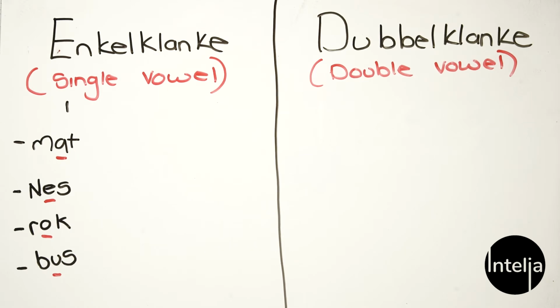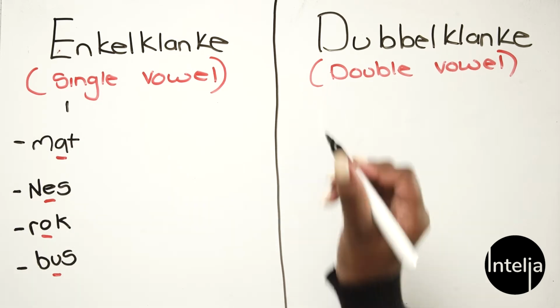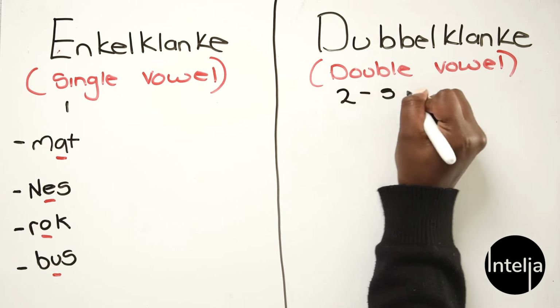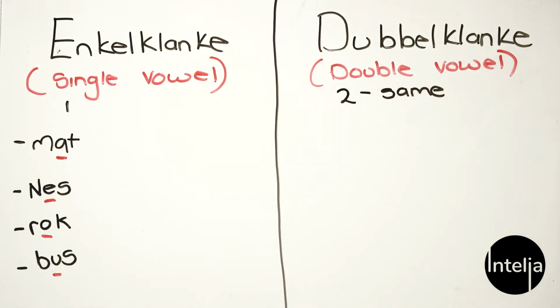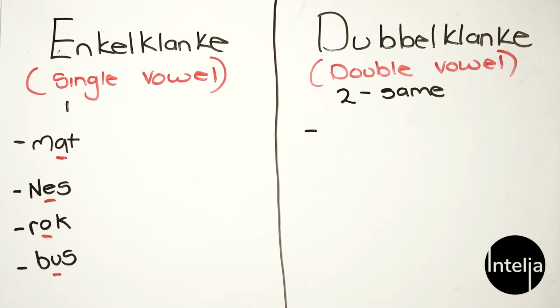So now instead of having our one vowel, we're going to have two. And it'll be two of the same vowel. Okay? So let's get right into it. Can you give me a word in Afrikaans with two A's?